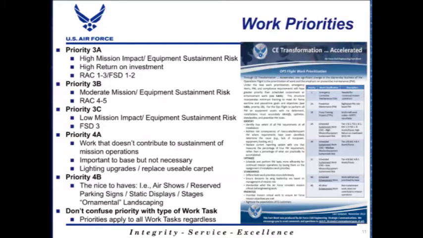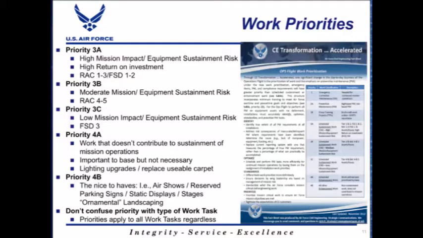So let's say, for instance, you have a RAC. That's a risk assessment code that's assessed by safety. So let's say you have a stairwell in your dormitory, and there's an issue with your stairwell that creates a safety hazard.